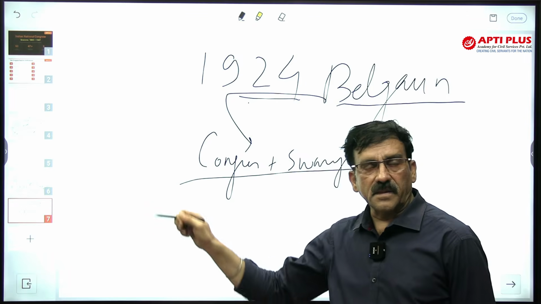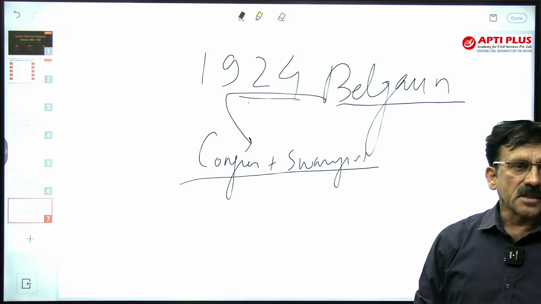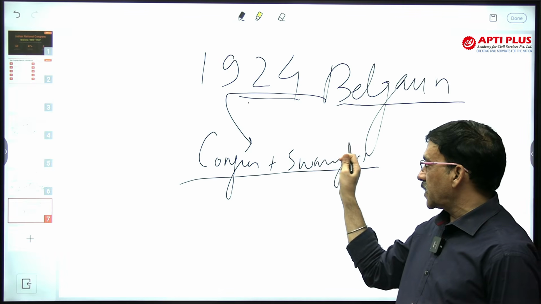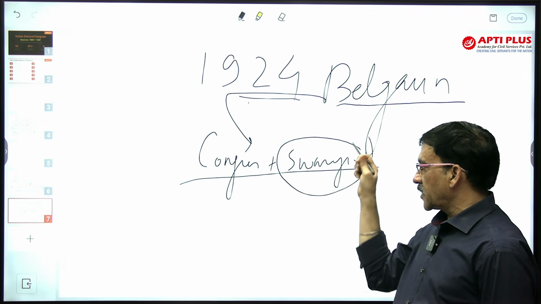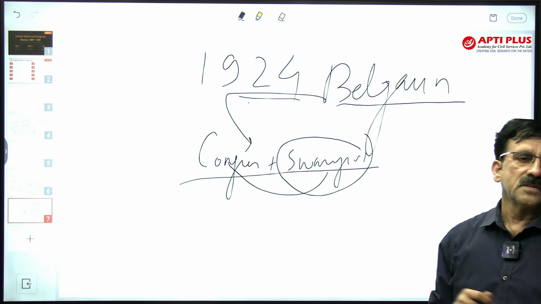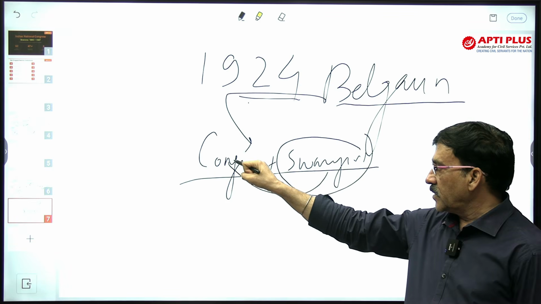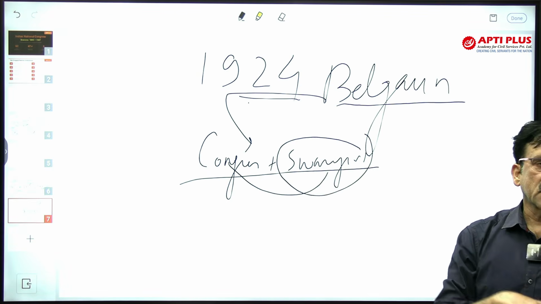See the concept lying in between. In this pact, Gandhi provided that Swarajist will be called as subsidiary of Congress. What it means? The goal of Congress will be the goal of Swarajist.